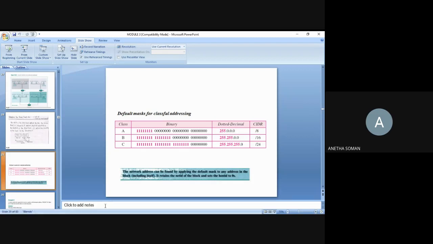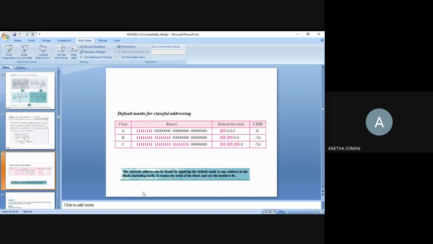So what I told you is, if you want to identify the network address or the subnetwork address, you need the concept of masking. Outside the organization, if you want to identify the network address, you require the default mask, and the default mask values for each class are shown. What is written is that the network address can be found by applying the default mask to any address in the block.